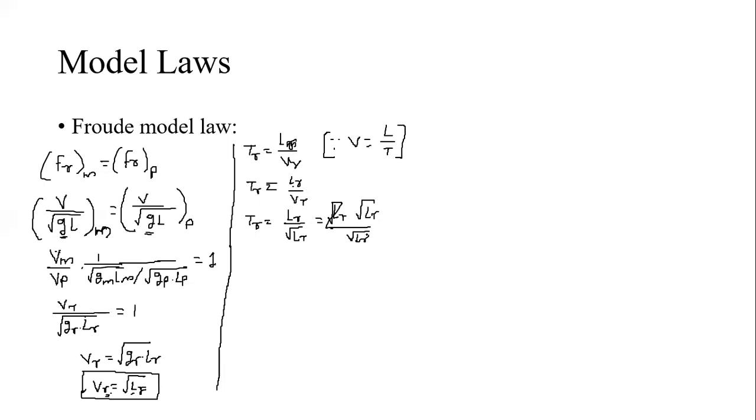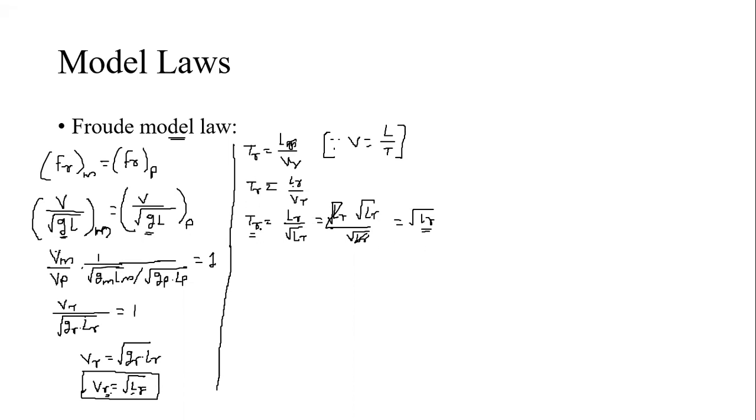One root Lr cancels, so what will be there? The time scale ratio will be equal to root of Lr only, isn't it? So the velocity scale ratio and the time scale ratio for the models prepared by Froude's law will be root Lr.